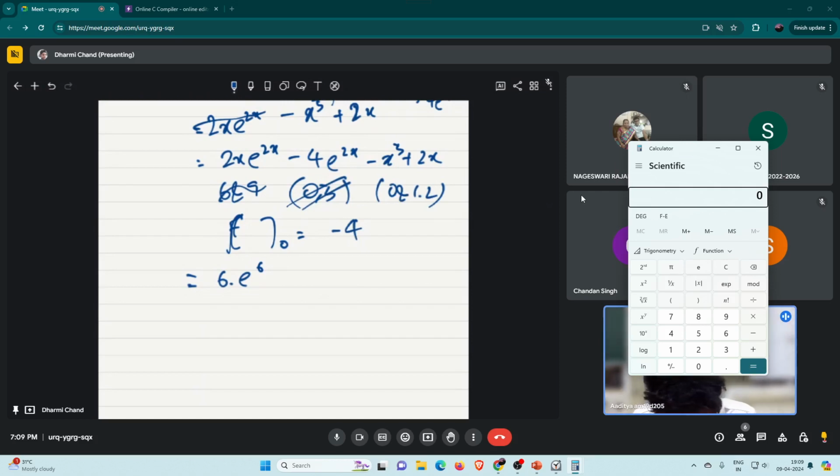So 1.2 into 2 is 2.4. So 2.4 into e power 2.4 minus 4 into e power 2.4 minus 1.2 cube plus 2.4, right. So I have a lot of 2x. So what is e power 2.4?